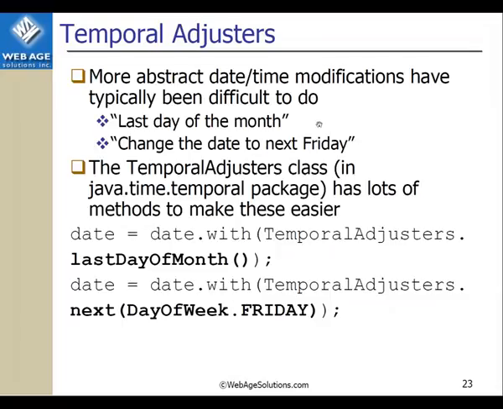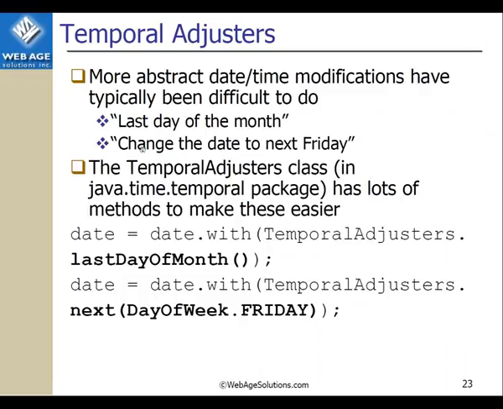All right. More abstract things, saying 2 months in the future, and 3 days from now. That's pretty straightforward. That's not too bad. But more abstract things are a little bit hard. What about the last day of the month? Well, what month are we talking about? Are we talking February or June or September? That changes depending on the month.